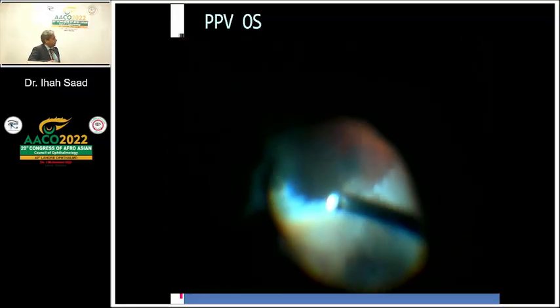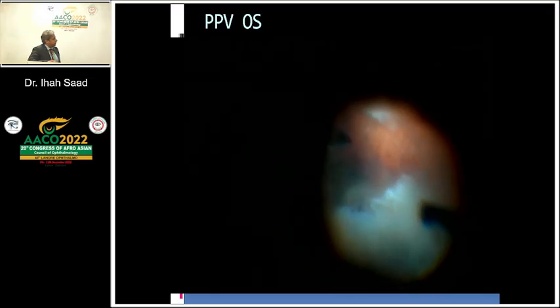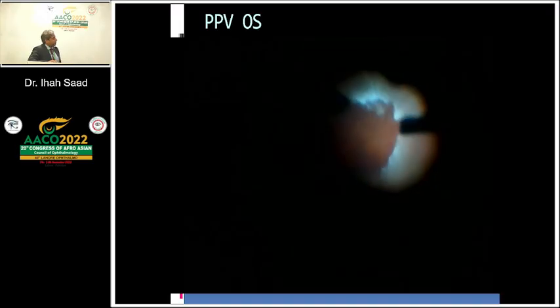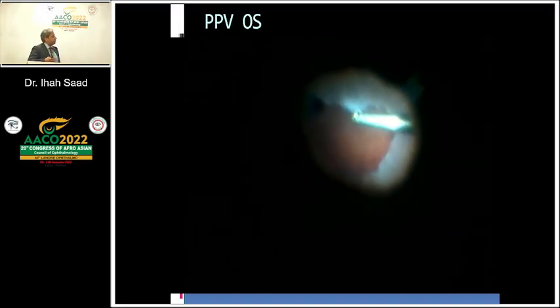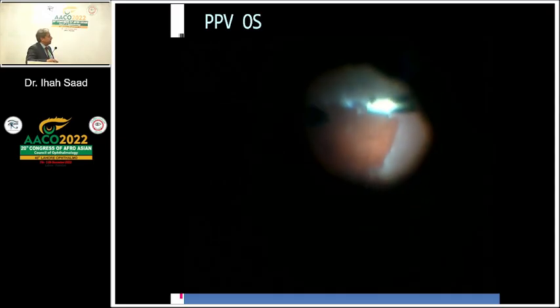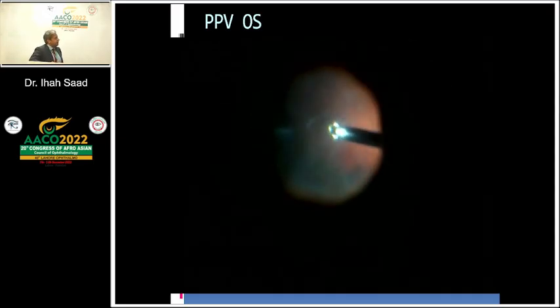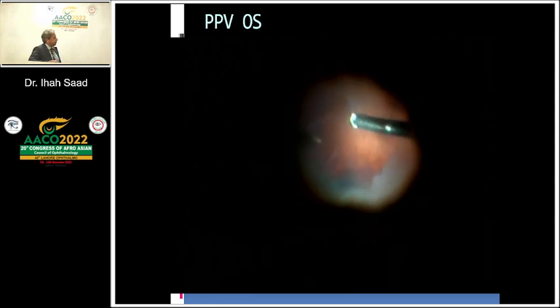And we go for the membrane that is inducing tractional retinal detachment. So it looks like an ROP, retinopathy of prematurity. So the condition can be manageable as if it is a tractional detachment that differs a little bit from the retinopathy of prematurity stage 4 and 5.